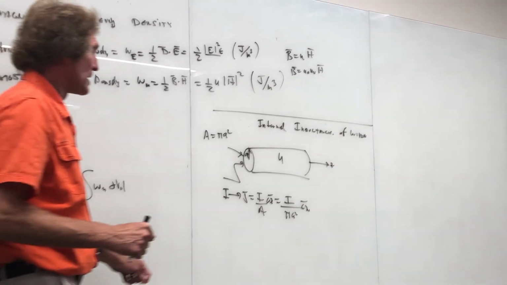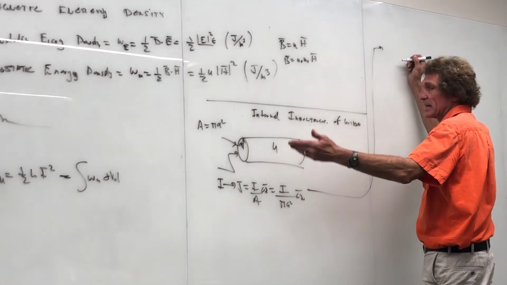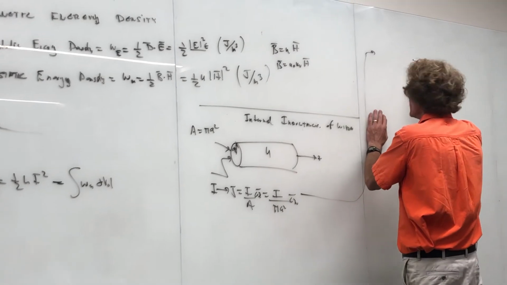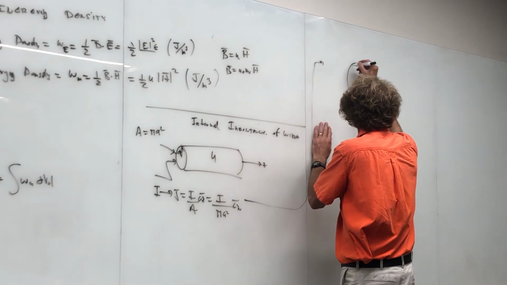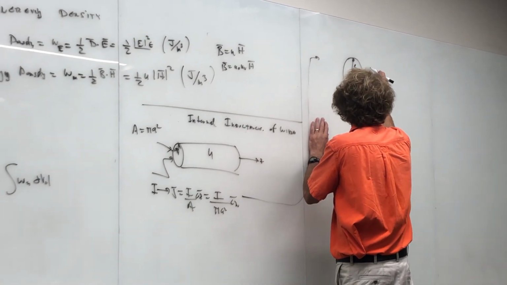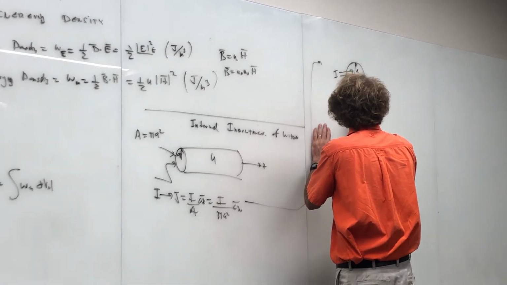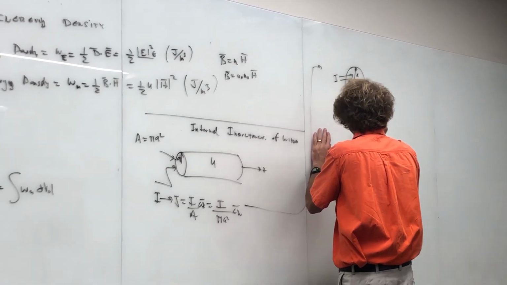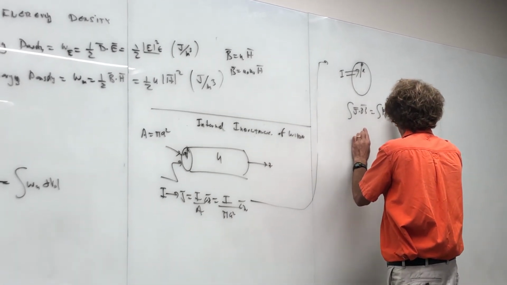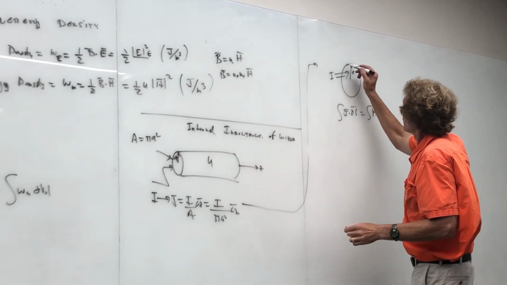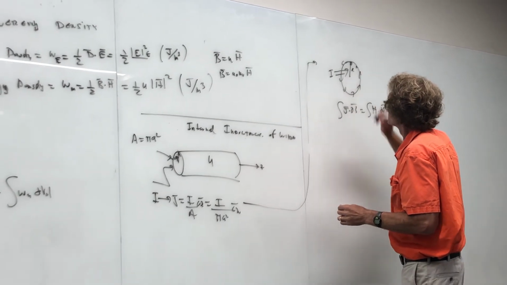Everybody? So now I come up here and I say in order to get the magnetic energy, I need the magnetic field. So if I have a radius rho right here, I know that the total integral of J dot ds going through there has to be equal to the integral of H dot dl, the magnetic field circulating around there.